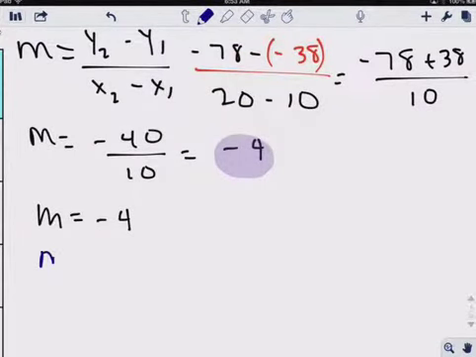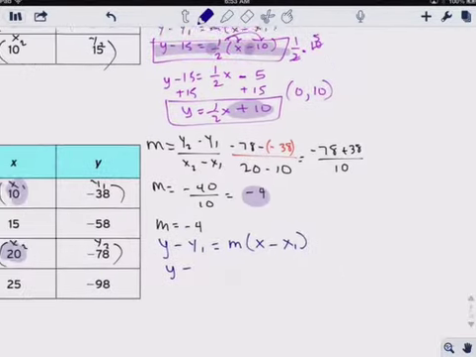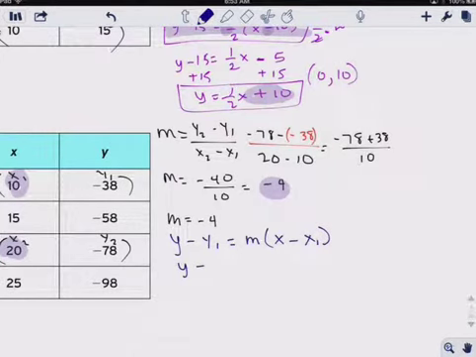Most of you get this pretty well. You just mixed up your vocabulary. And read. It's very important to read it with Common Core. Read everything carefully. Y minus, okay, which one? I'll choose the 10 and the negative 38.